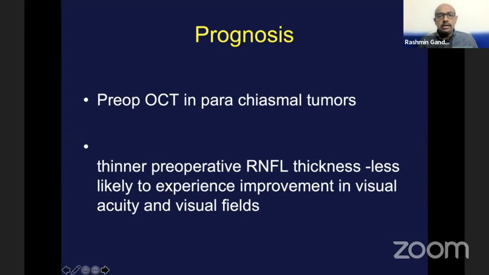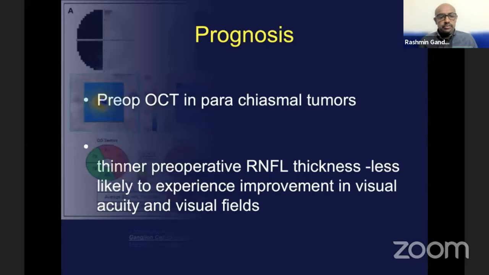They concluded that if the average RNFL thickness was thin, those patients had much less chance of improvement of vision or resolution of visual field defect, versus somebody who had an average RNFL thickness of more than 70 micron or so. So if you order OCT in somebody undergoing a neurosurgical procedure, and if average RNFL thickness is more than 70, there is a high chance that there will be improvement in visual acuity and visual fields.